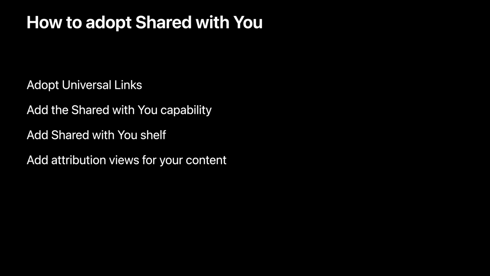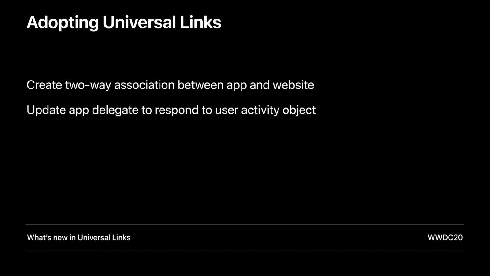Let me briefly talk about adopting universal links. Universal links allows your users to intelligently follow links to content in your app or to your website. Take the following steps to support universal links. First, create a two-way association between your app and your website, and specify the URLs that your app handles.